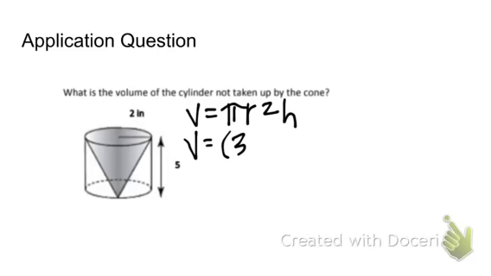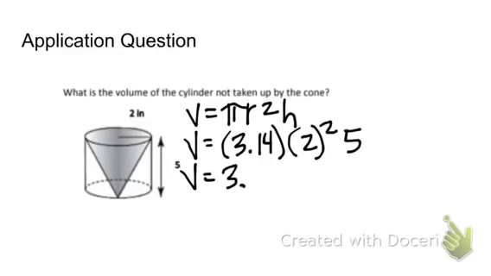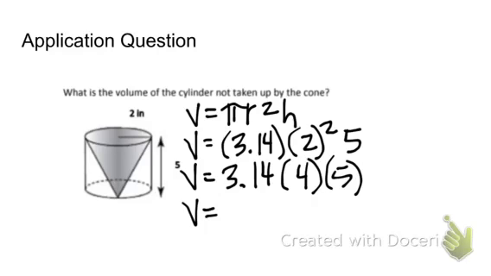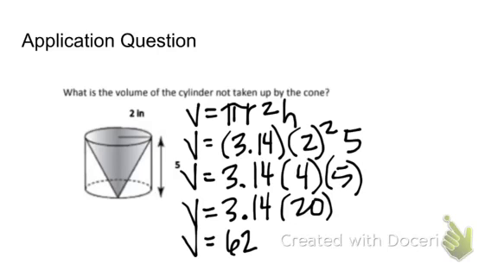So we have 3.14, 2 squared times the height of 5. So then you have 3.14 times 20. So the volume of our cylinder is 62.8 inches cubed.